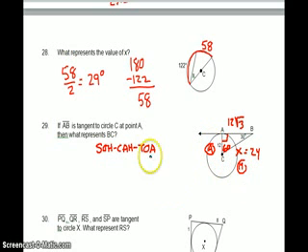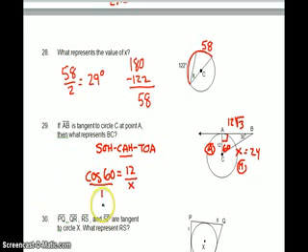So A and H in the middle, so we use cosine. So cosine, the angle measure is 60, equals adjacent over hypotenuse. And if we cross multiply, that gives us 12 equals x times cosine of 60.